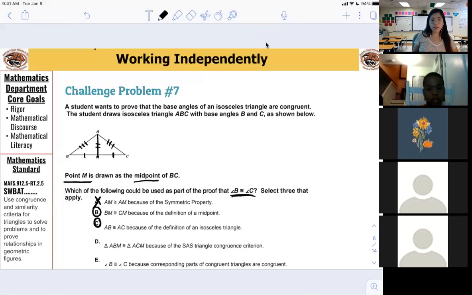So the next one, ABM is congruent to ACM because of the SAS triangle congruence criterion. Is that true or false?